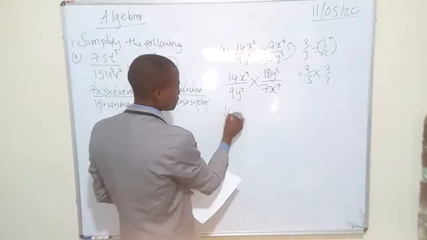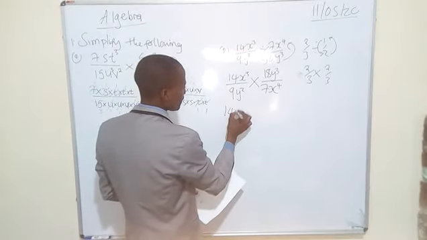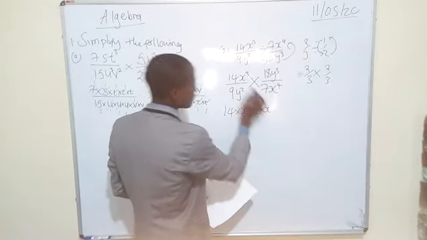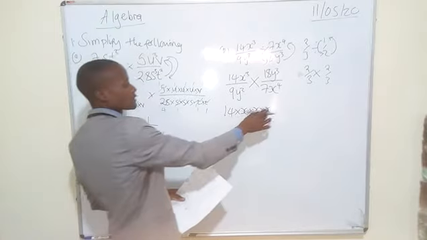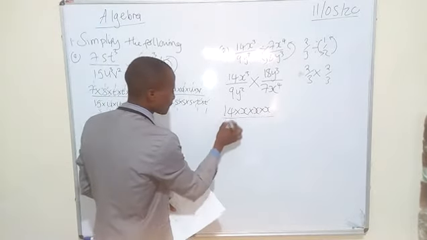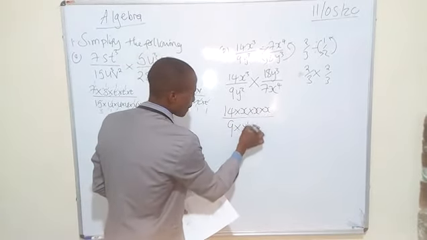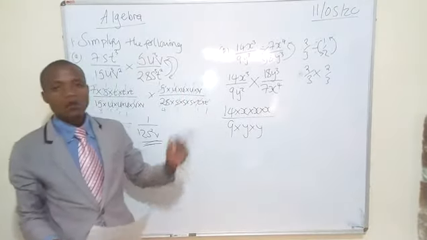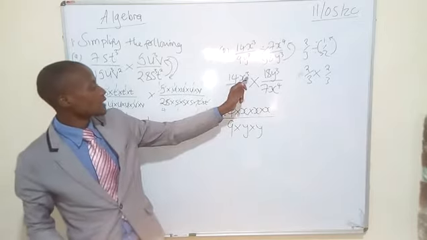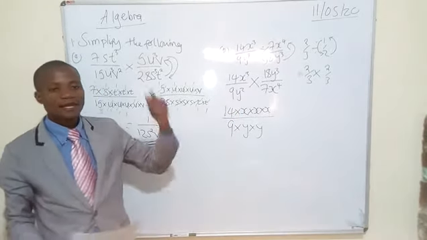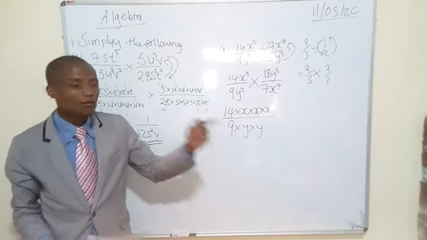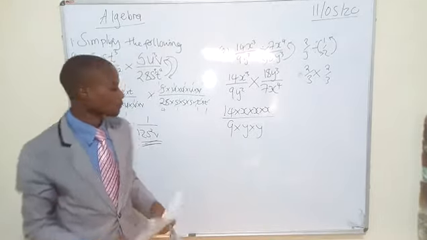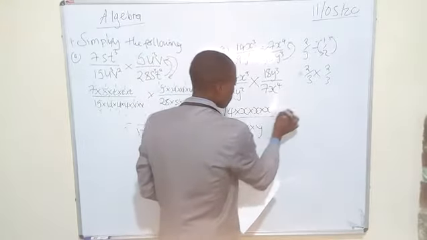We have 14 times x times x times x, multiplying x 3 times, over 9 times y times y. y squared means you're multiplying y 2 times, and x cubic means you're multiplying x 3 times. When expanding, you write them one by one. You don't need the powers.